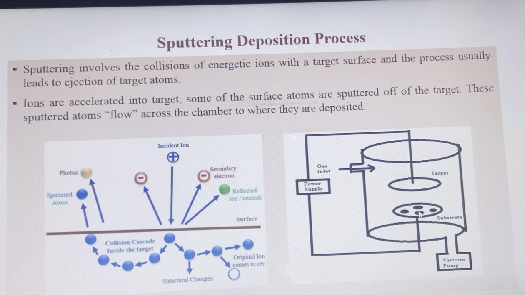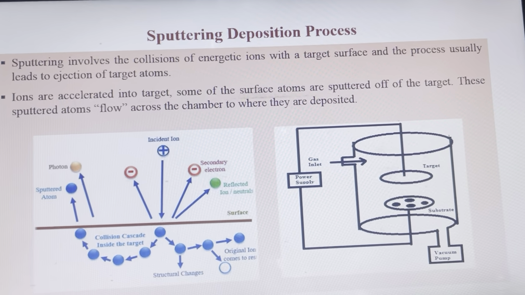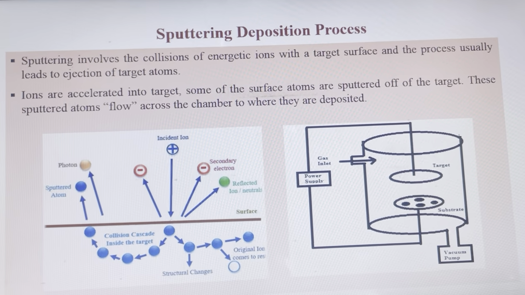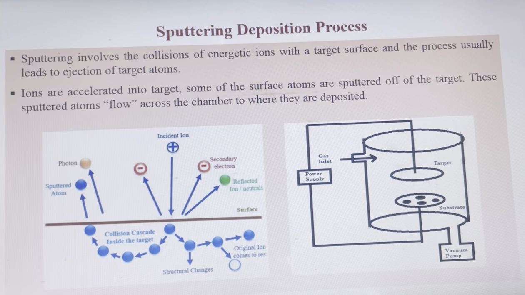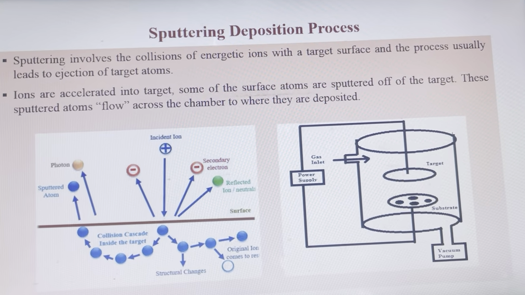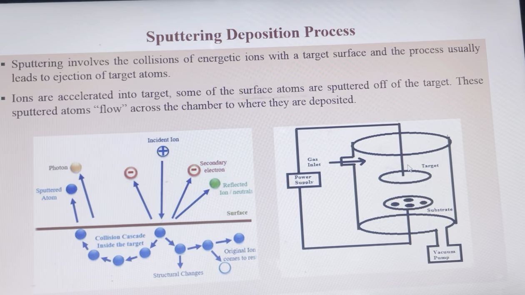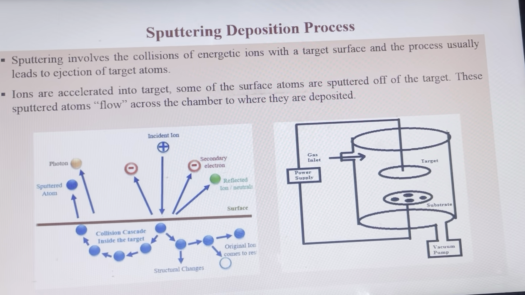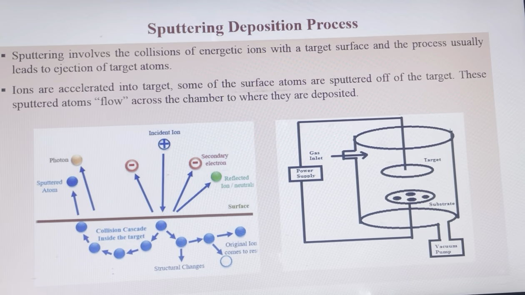So this is the process of sputtering deposition, where ions are accelerated into the target. Some of the surface atoms are sputtered off from the target. These sputtered atoms flow across the chamber to where they are deposited.